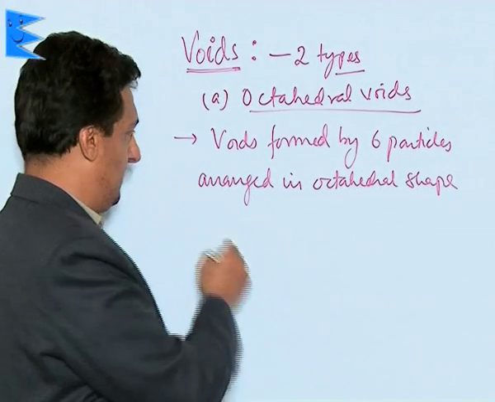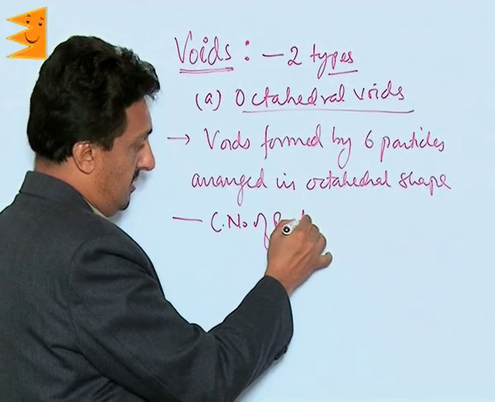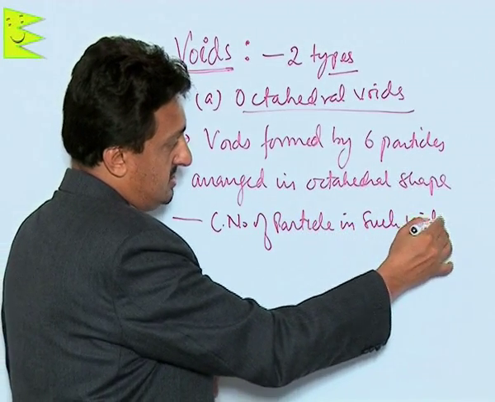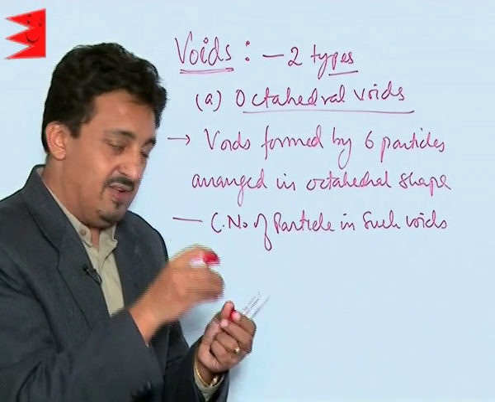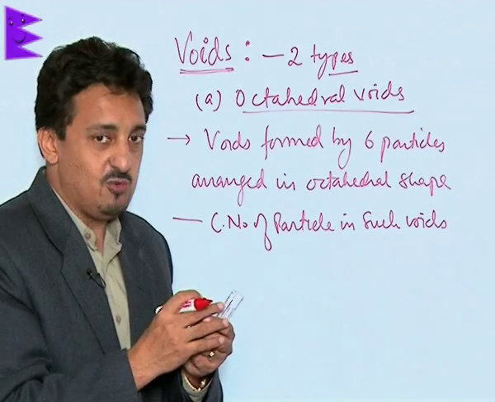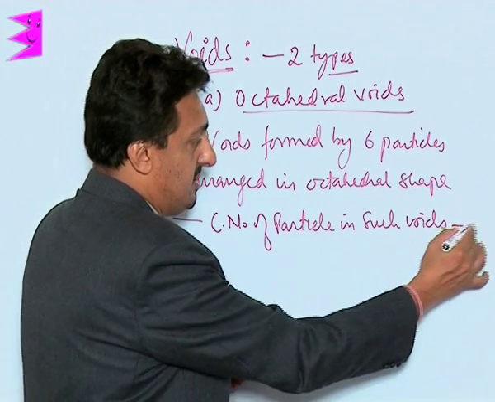So therefore the coordination number of a particle in such voids, whenever a particle gets trapped in these voids, will be in contact with the 6 particles which are forming these voids. So the coordination number of particles in such voids will be 6.